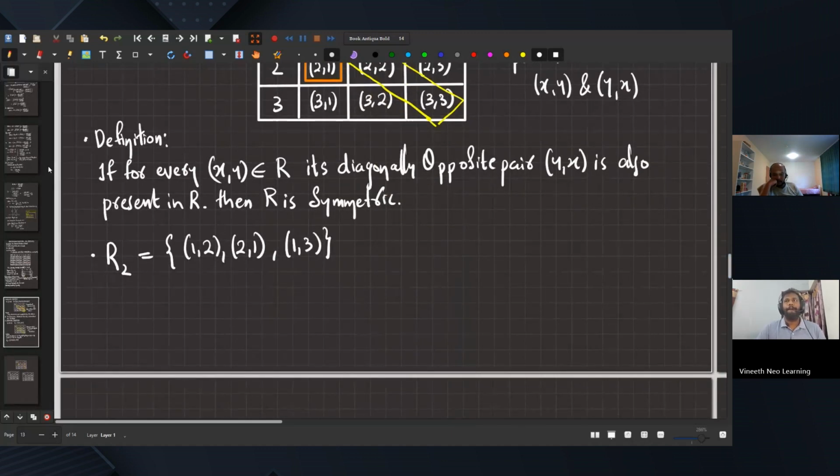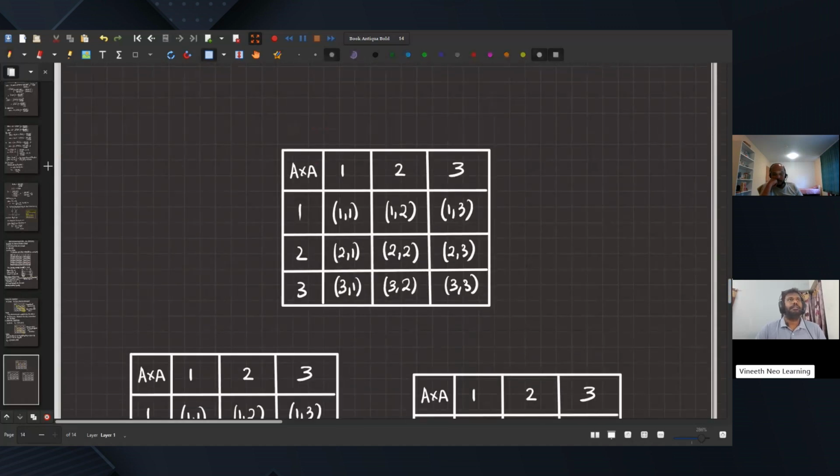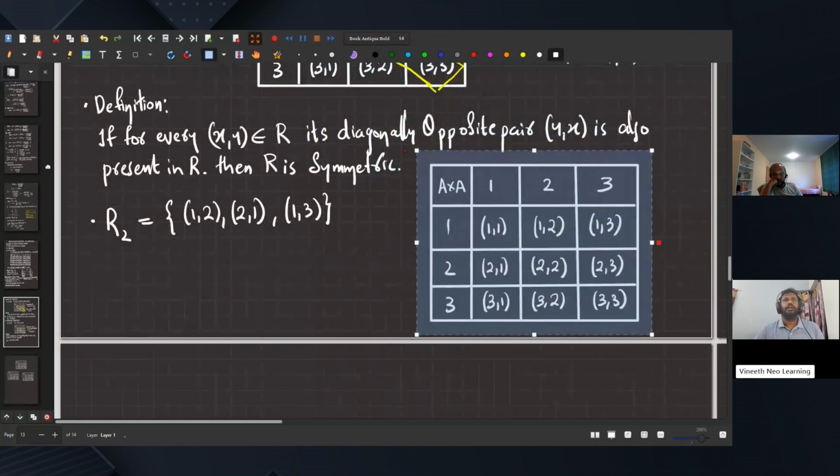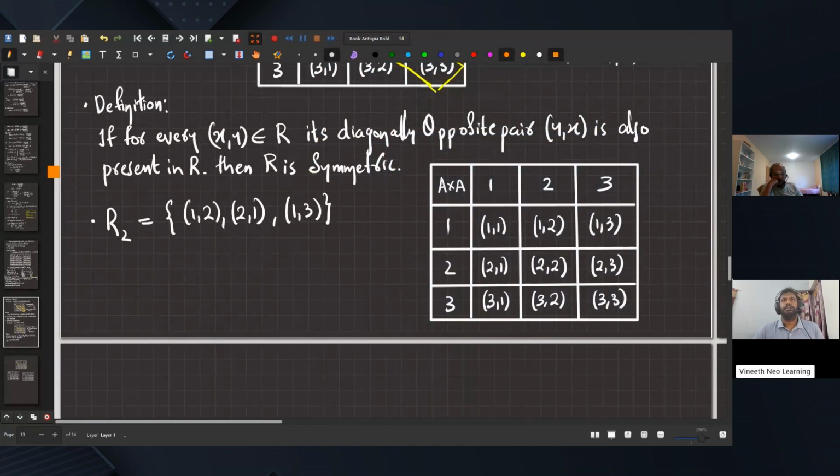Because there is no (3,1). Exactly. Here (1,2) is present, then (2,1) is present, and (1,3) is present, but (3,1) is not present. So it is not symmetric.